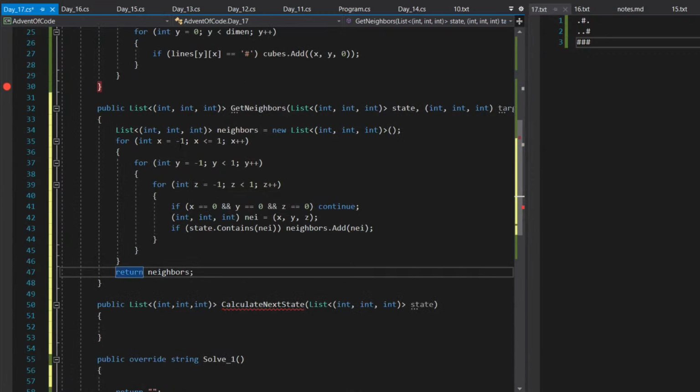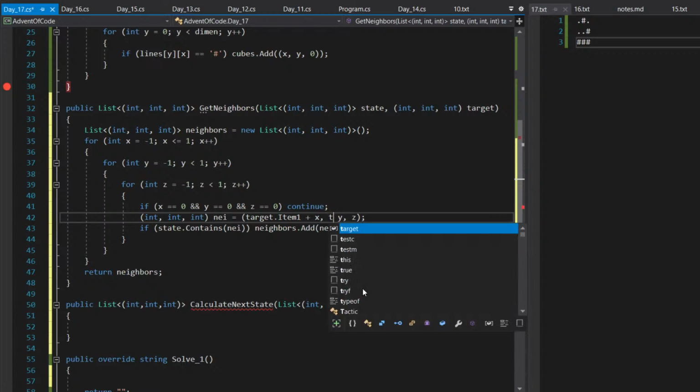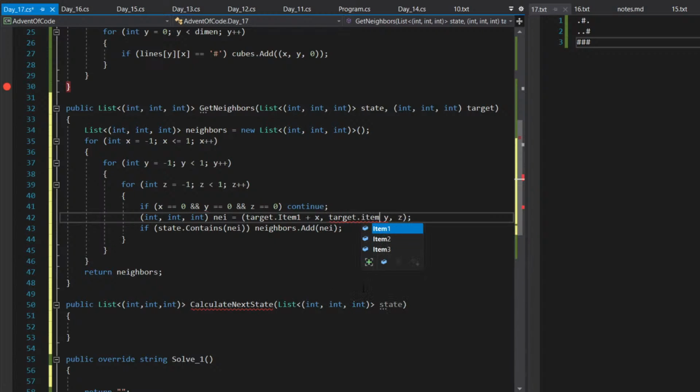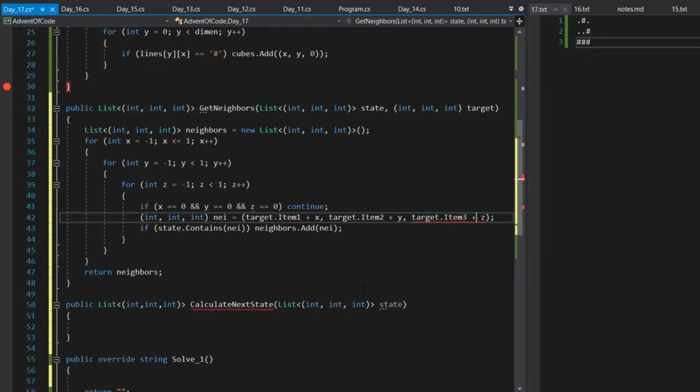So yeah, we're going 1 off in every direction. Oh, this should be... Let's see, target item 1 plus X, target item 2 plus Y, target item 3 plus Z. Basically, 1 off from the target.